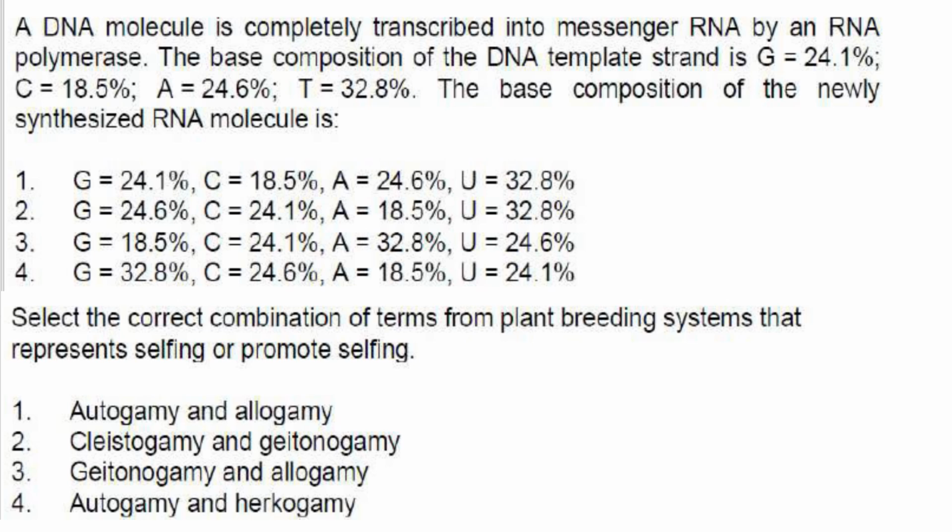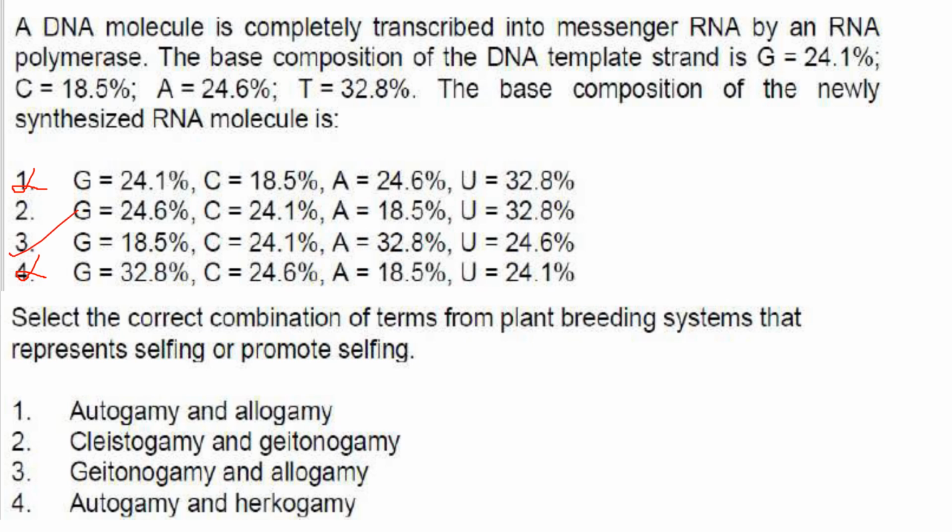So where C 24.1 is seen in options 2 and 3. Okay, the other two, 1 and 4, we will not take into consideration. We will see 2 and 3. Now C is 18.5%. That means G will be 18.5% in RNA. So G is 18.5% in 3. So 3 should be your answer.